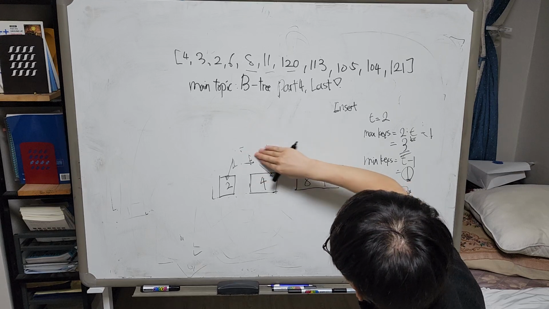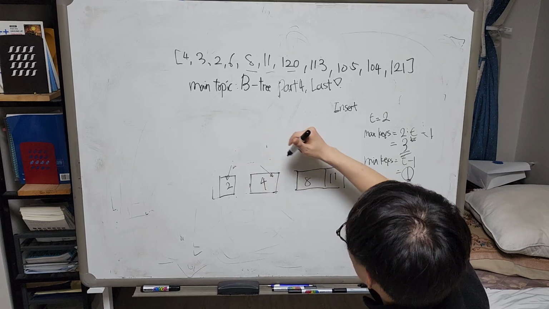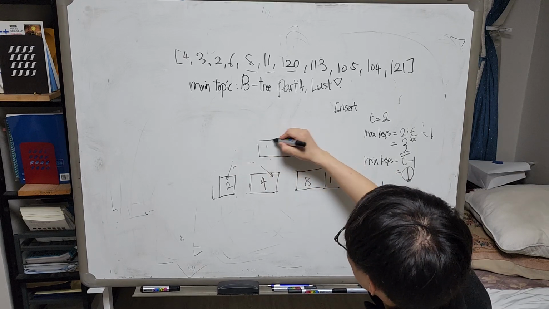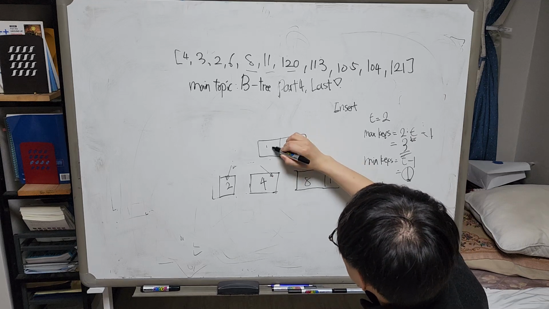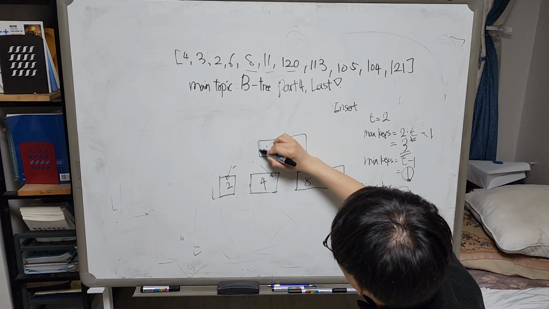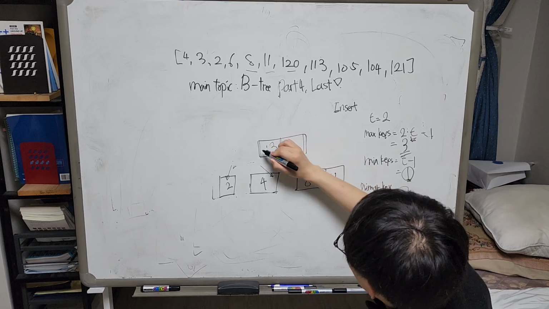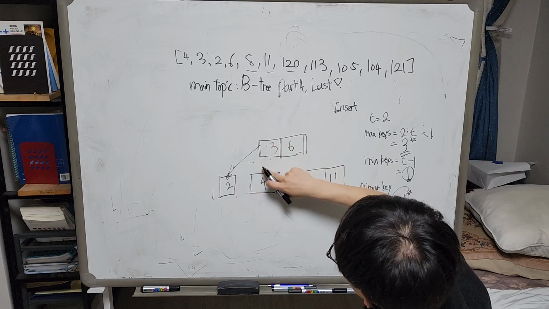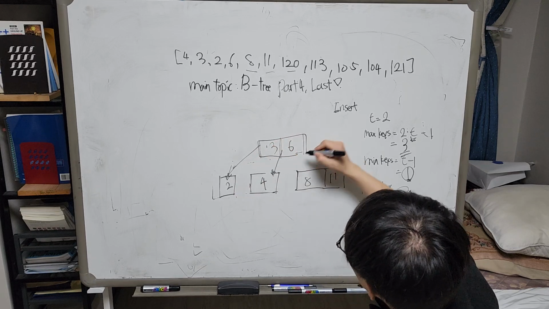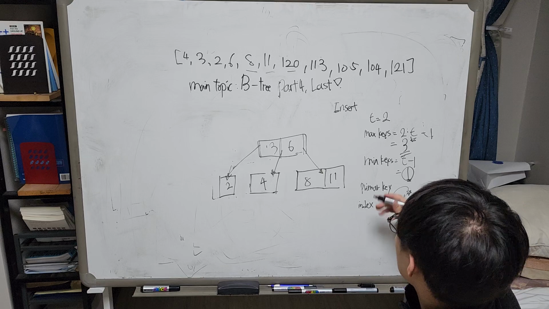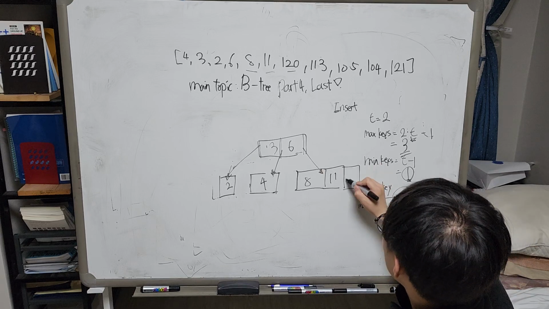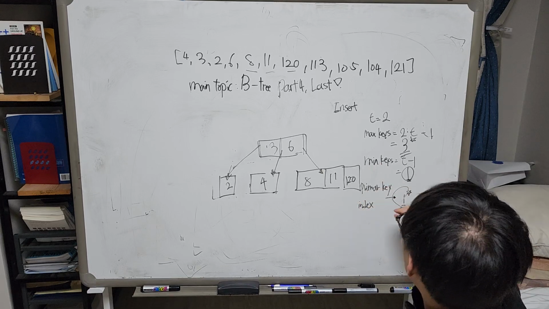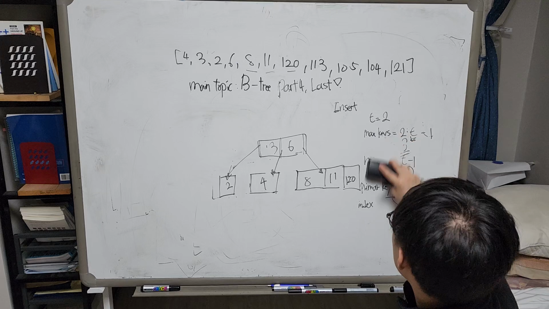3, 6. Let's put the middle here, and make it clean with the red drawing. 3, 6, and this is the pointer here. Nice. So when trying to insert 120, let's just erase this part.